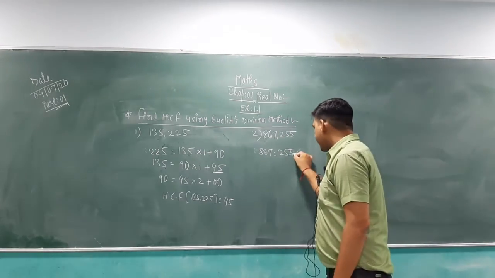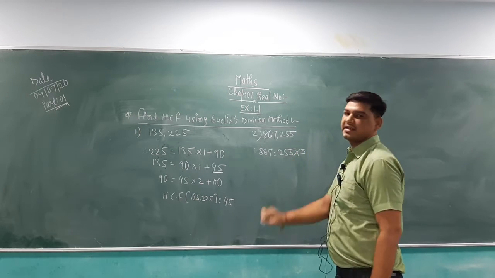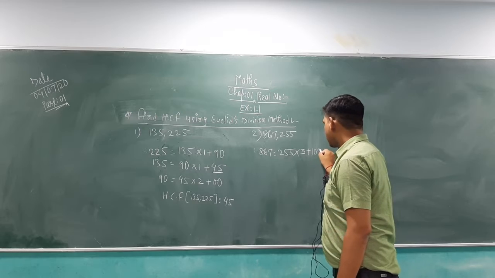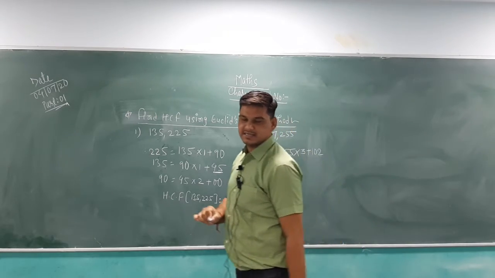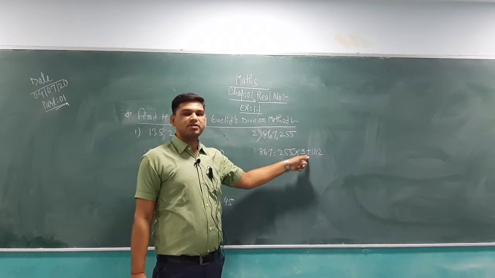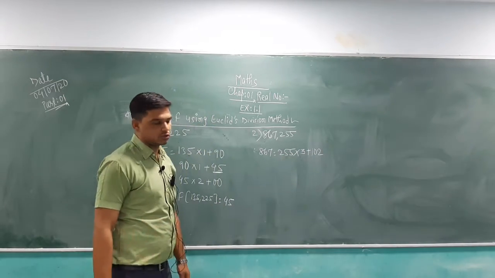So 255 into 3. Now what remainder is remaining? 102. If we divide 867 by 255, 255 into 3, the remainder will be 102.